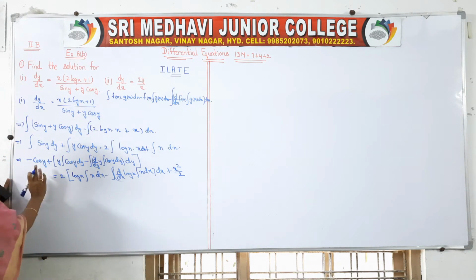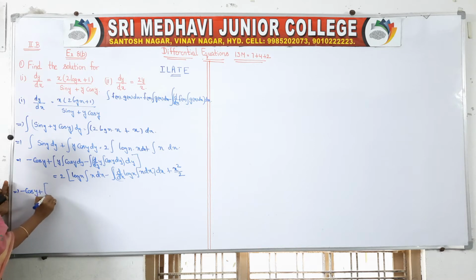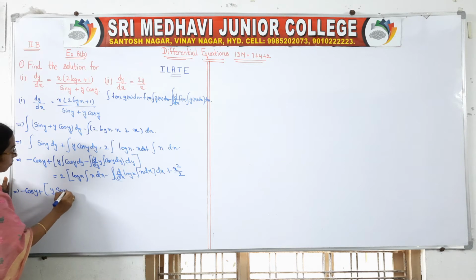Okay, so now how we can take this value: is equal to minus cos y plus y into integral cos y dy is sin y.